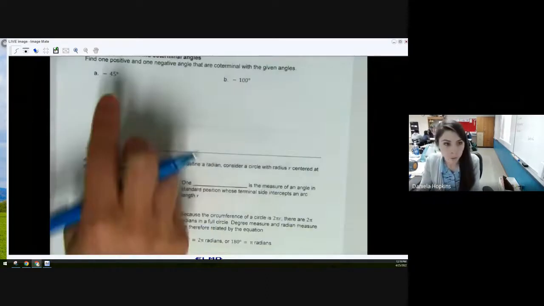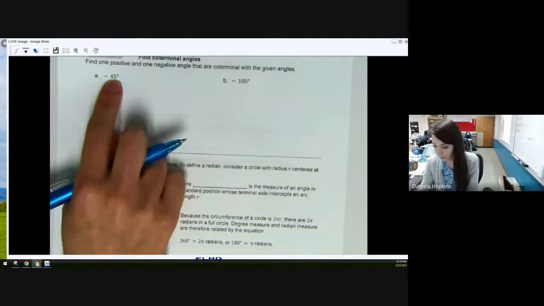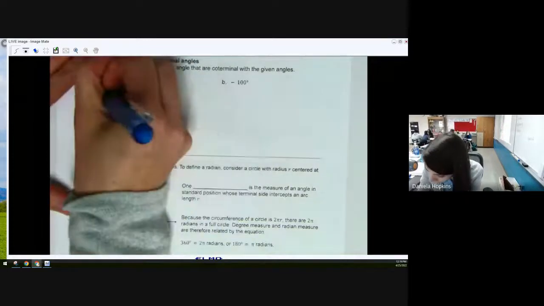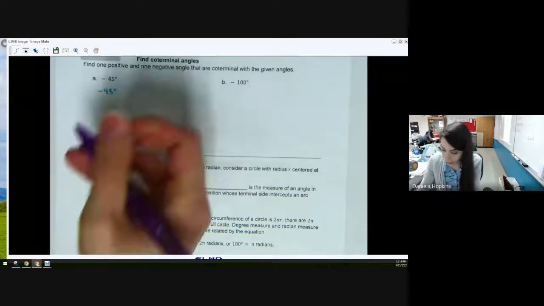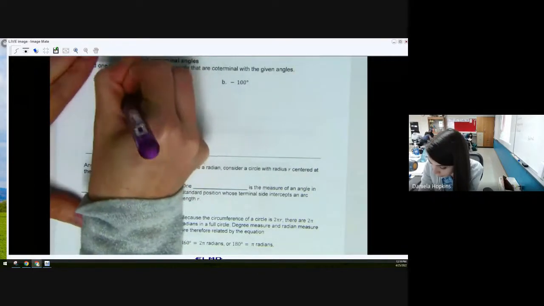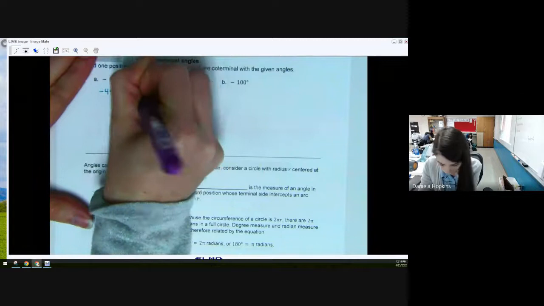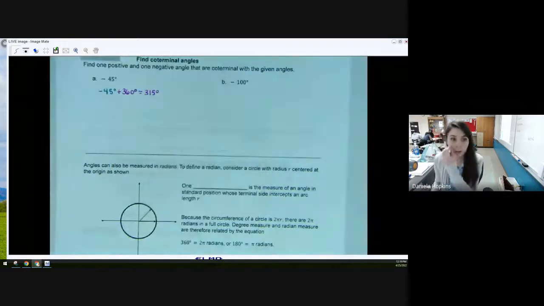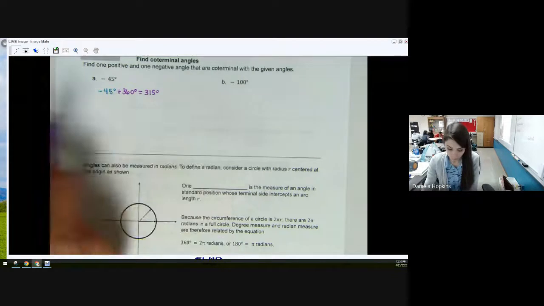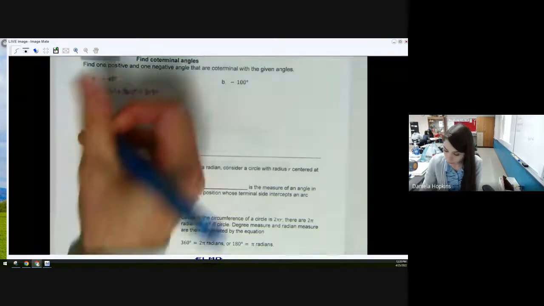So this first one is negative 45 degrees. We're going to start by just saying negative 45 degrees, and then we're just going to add a rotation to it. So I'm going to add 360 degrees, which if you do the math, would put you at 315 degrees. So that's one positive coterminal angle for this initial angle. How might I find a negative coterminal angle?